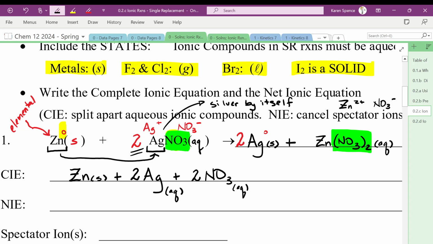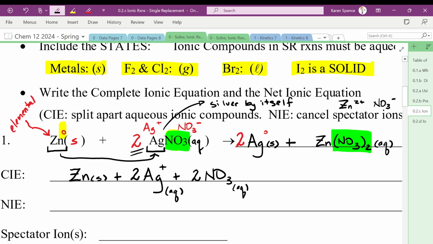Now here's a question for you. This silver here, is it actually on its own? Or is it part of a compound? It's actually part of a compound, right? We can see that it's part of the silver nitrate. So is it elemental? No. So it has a charge. And what is its charge? Positive. Okay?